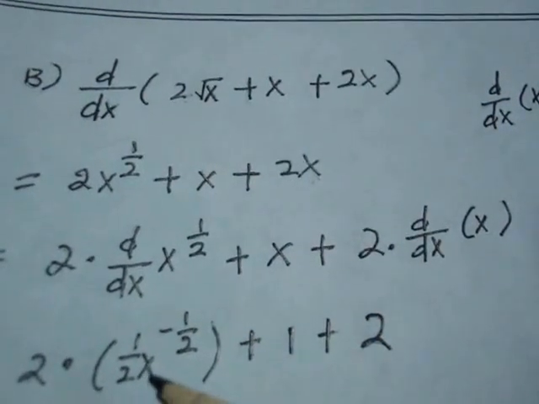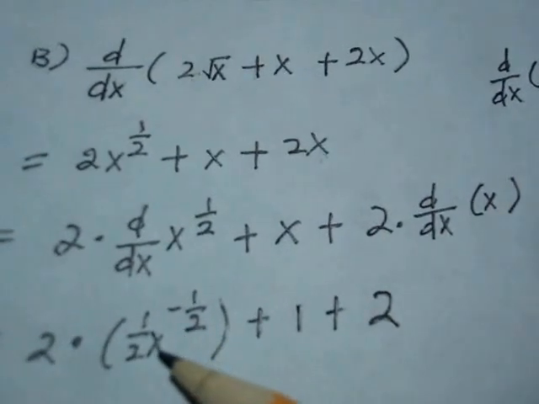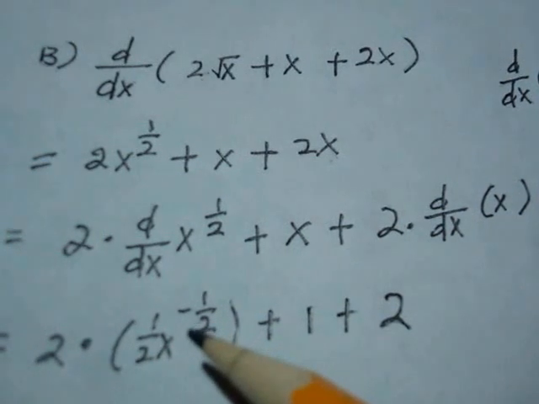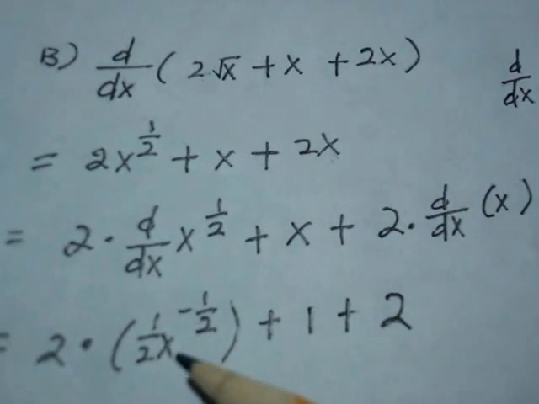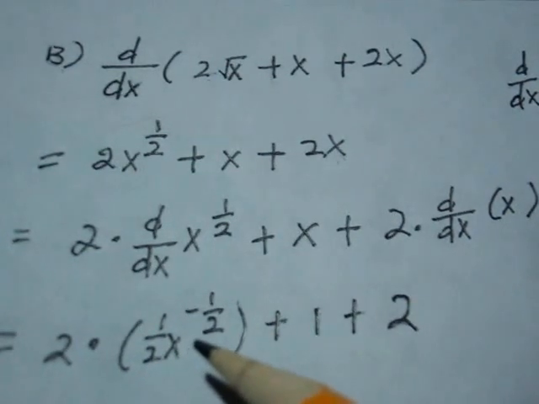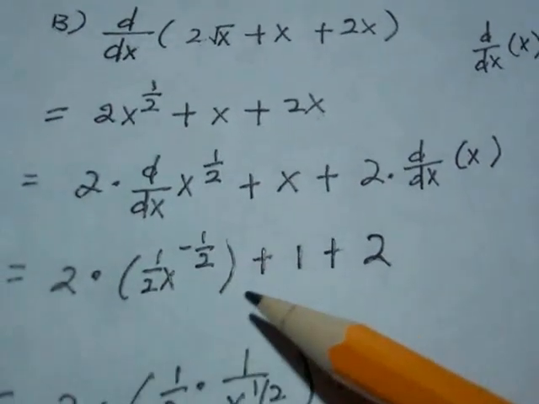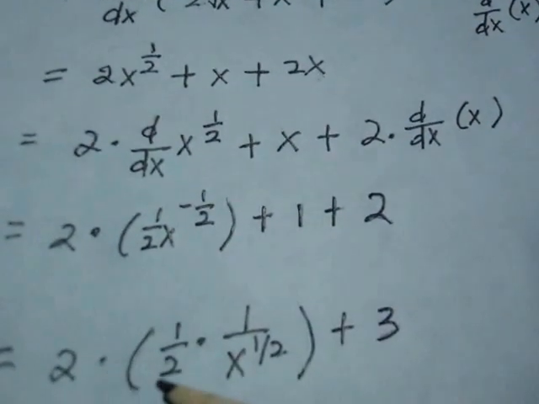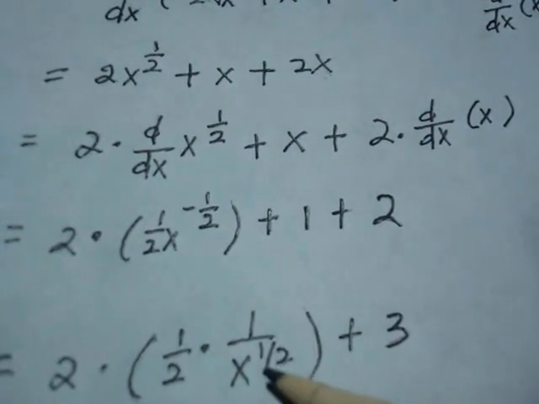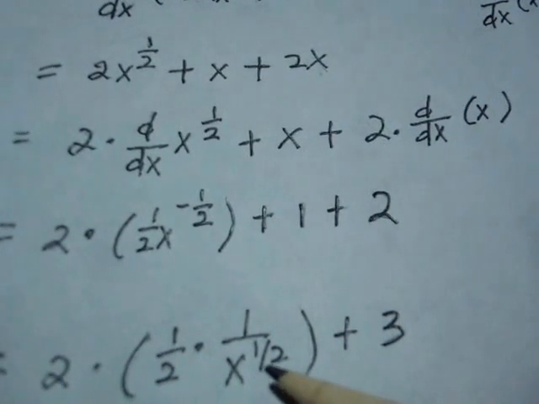Notice that this x is raised to a negative exponent. We don't want a negative exponent, so you divide it by 1, which brings the x to the denominator, and the exponent right here will become positive. So it will be like this: 1/2 times 1 divided by x to the 1/2.